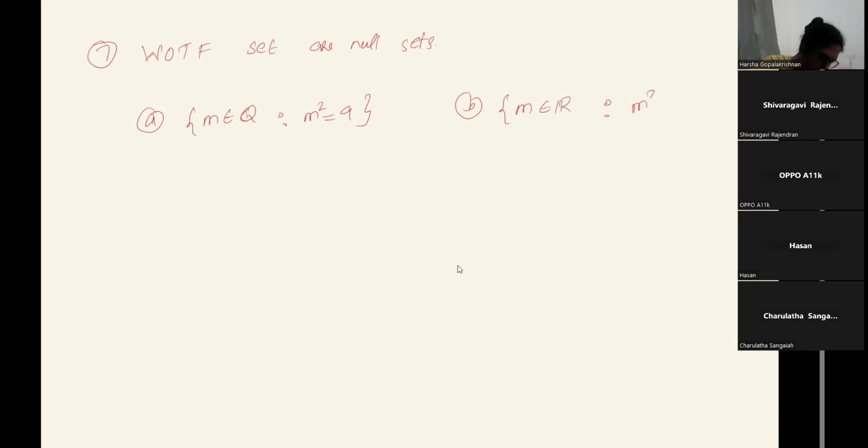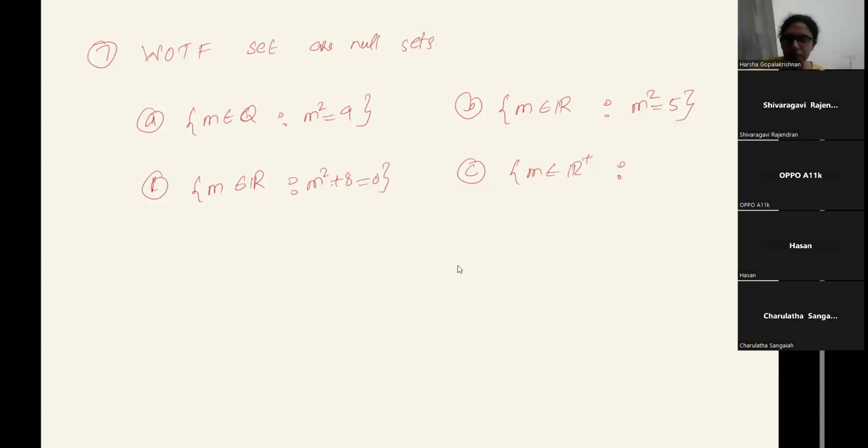And the third option is set of all M in R such that M square plus 8 equal to 0. Fourth, set of all M in R plus such that M square equal to 25. R plus means set of all positive real numbers. Okay. So our question is to find the null set among all these sets.